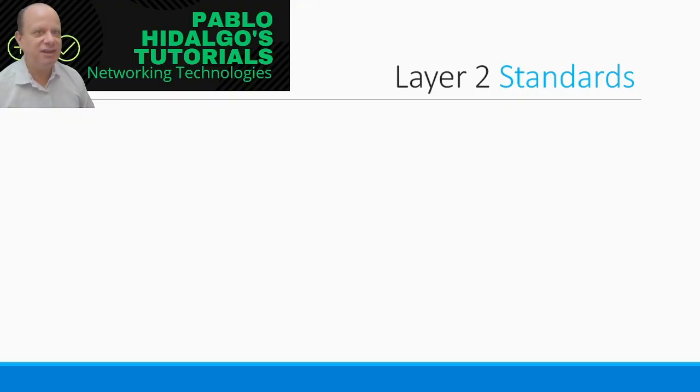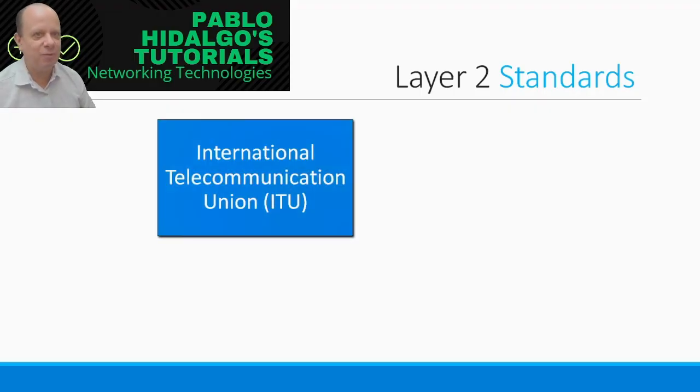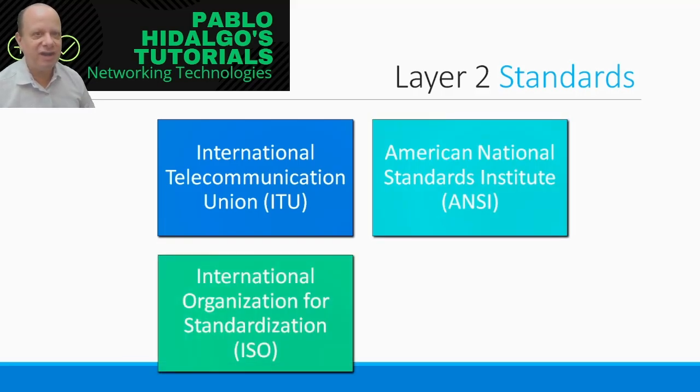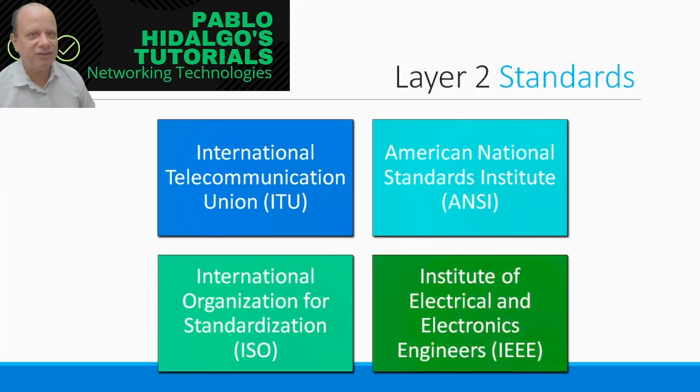There are other engineering organizations that define open standards and protocols that apply to the network access layer, that is, the physical and data link layers. Among those organizations, we have the following: International Telecommunication Union, American National Standards Institute, International Organization for Standardization, and the Institute of Electrical and Electronics Engineers, best known as IEEE.